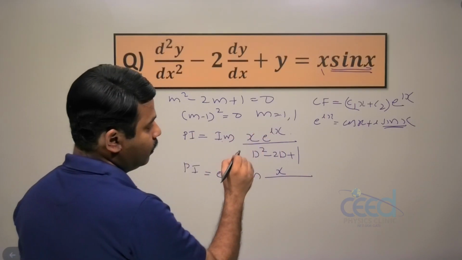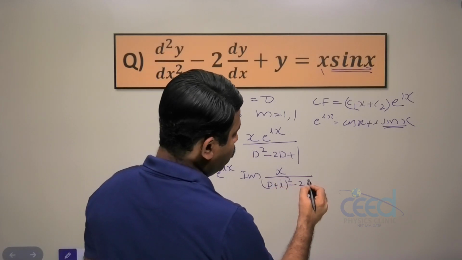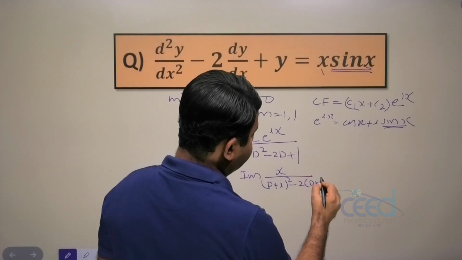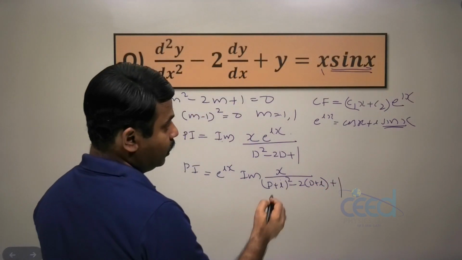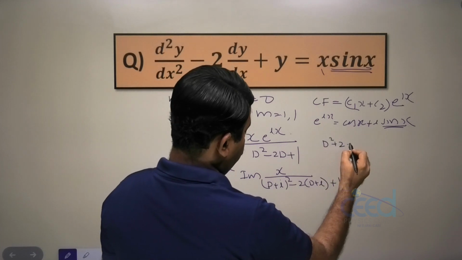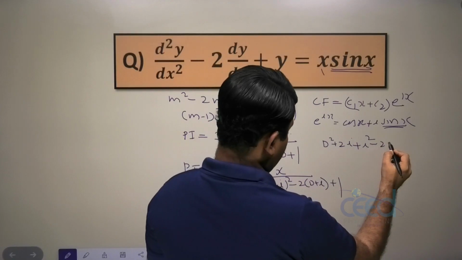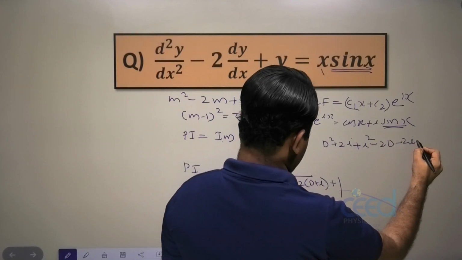Then d plus i the whole square minus 2 into d plus i plus 1. Now d plus i the whole square is d square plus 2di plus i square, and i square is minus 1, so we get minus 2d minus 2i plus 1.